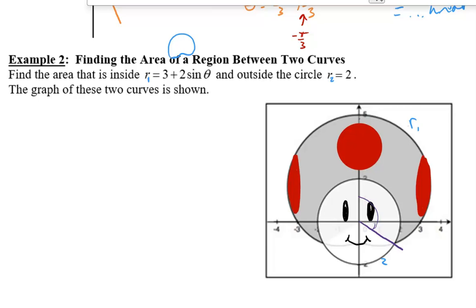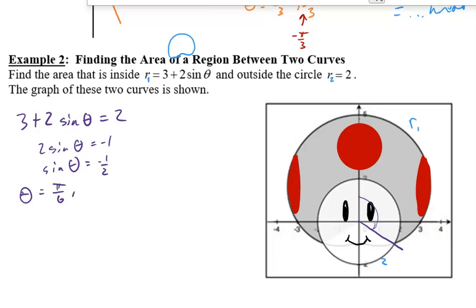So first of all, we need to know what our intersection points are. So 3 plus 2 sine theta is equal to 2 when 2 sine theta equals -1, when sine of theta equals -1/2, which is when theta equals negative pi over 6.